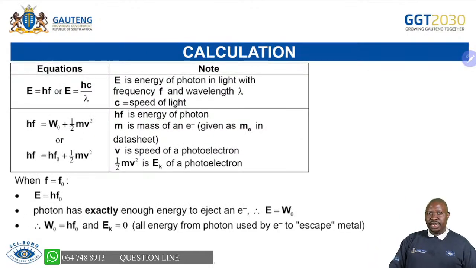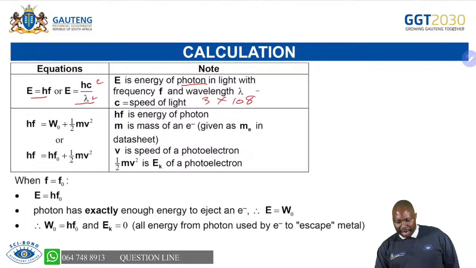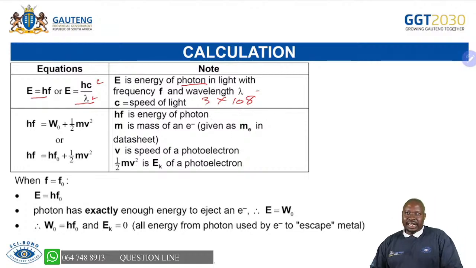Now, for calculations, you know that E=hf, which we've done in grade 10. You know that E=hc/lambda, where E is the energy of a photon in light with frequency f and wavelength lambda, and c is the speed of light, which is 3 times 10⁸ meters per second. And then we have the photoelectric equation that I just explained.